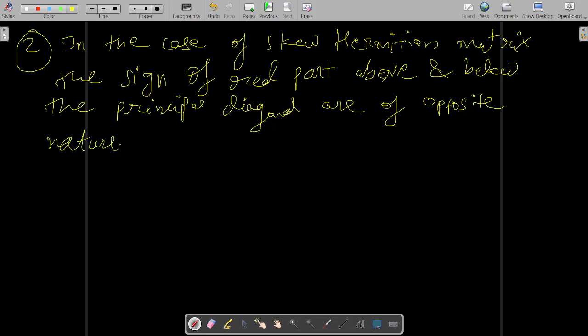Okay, so in case of skew Hermitian matrix, the sign of real part above and below the principal diagonal is of opposite nature. Let me show this to you.